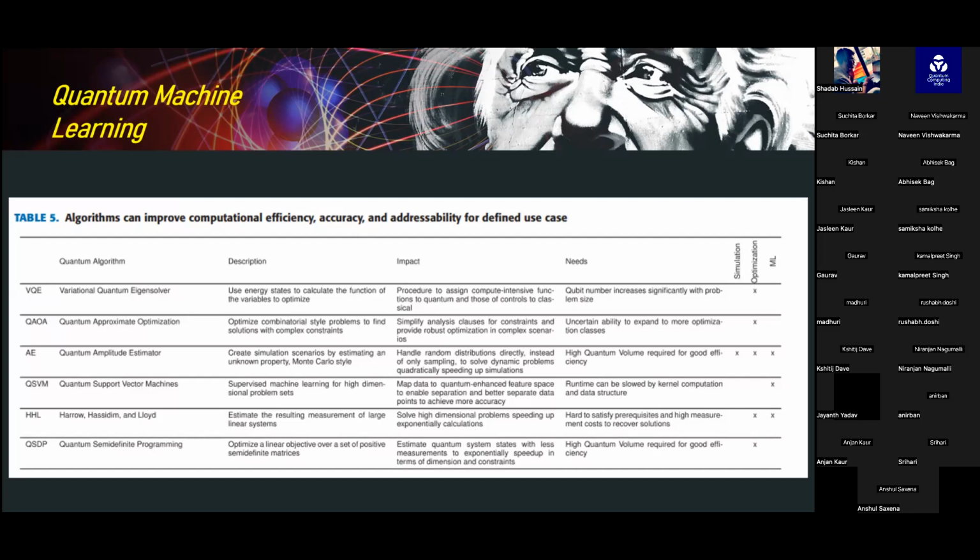We are looking at QAOA, which is a very popular algorithm these days and helps you handle a lot of optimization problems. We can also look at quantum support vector machines to clean the data. And of course, we have the HHL, which is the Harrow-Hassidim-Lloyd algorithm.